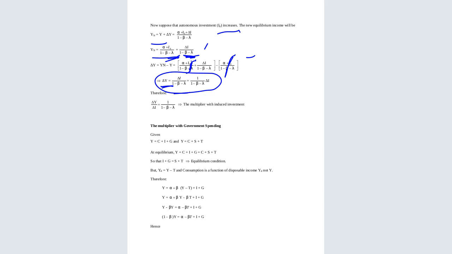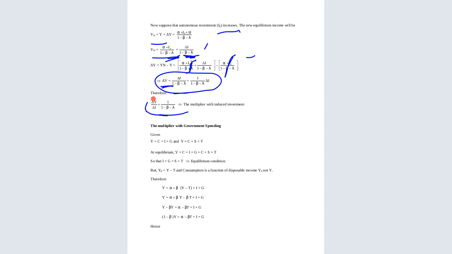Now from there we can find the multiplier. So we can find the multiplier from that expression. And I've said the multiplier is given as the change in income over the change in investment. So the change in income over the change in investment will simply be 1 over 1 minus lambda minus beta.